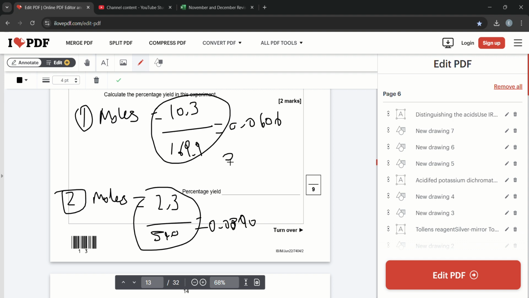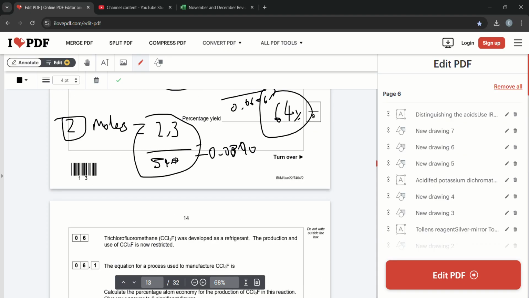So all it's going to be is 0.0390 divided by 0.0606 times 100, which will give me 64%. And that is the end of question 5.